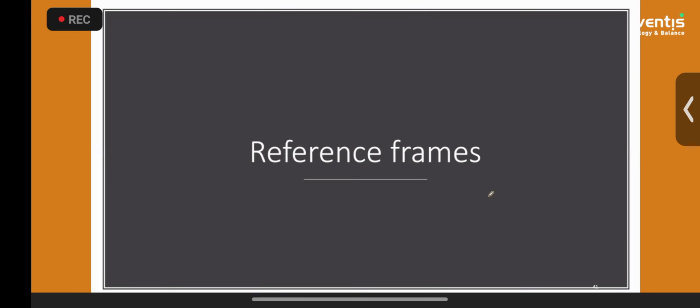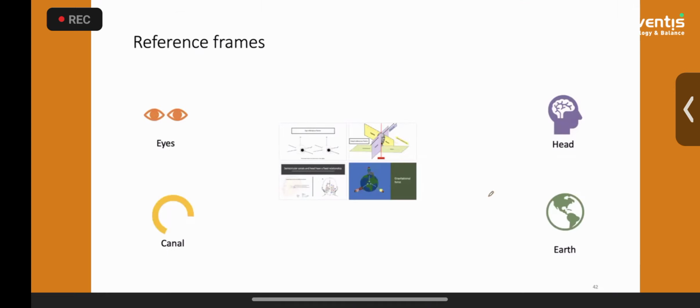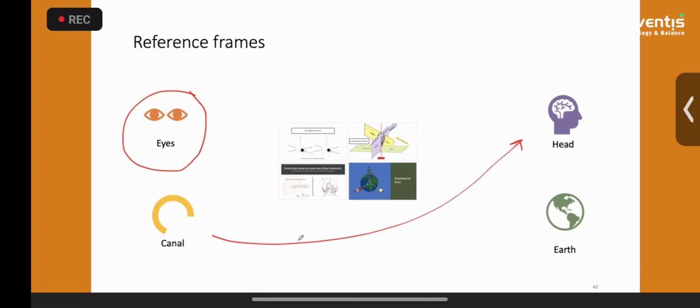Now there is very important concept of reference frame. Now if we look at the nystagmus, either it can follow eye reference frame or it can follow the head and canal reference frame, which is same because the canals, semicircular canals are fixed into the head.